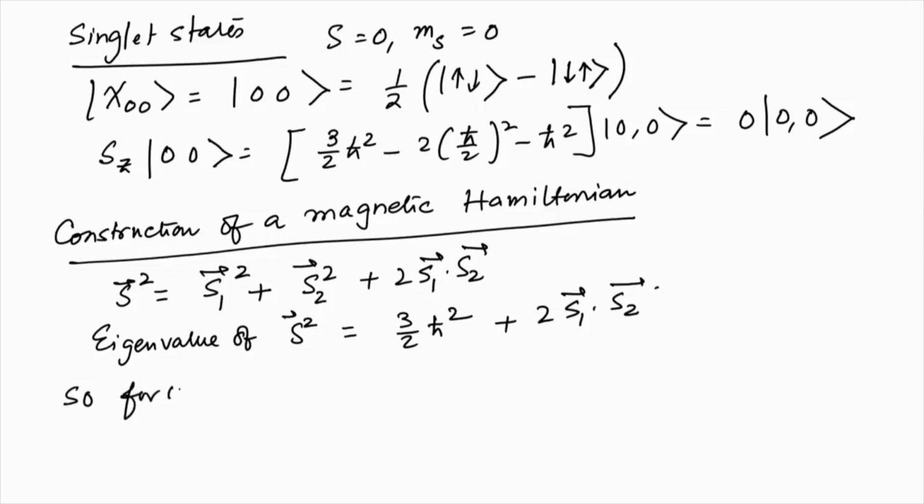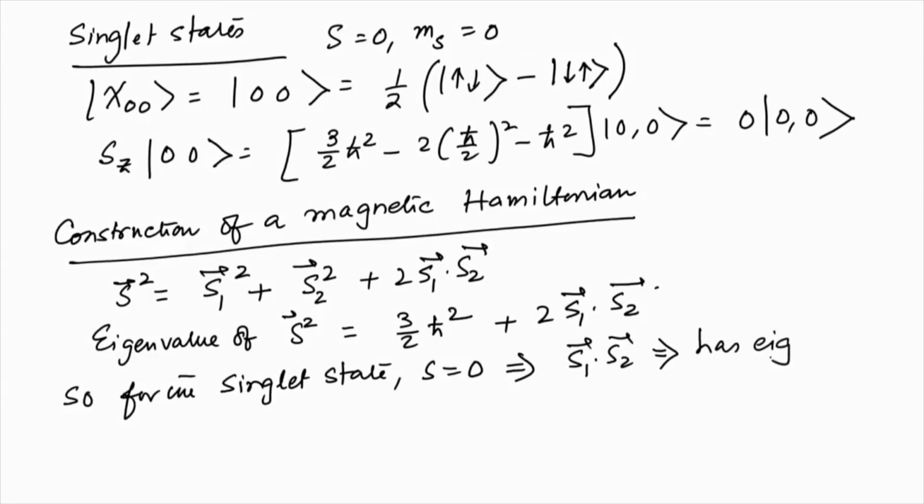So, for the singlet state, that is S equal to 0, we will have to put S equal to 0, because the left hand side is equal to 0.